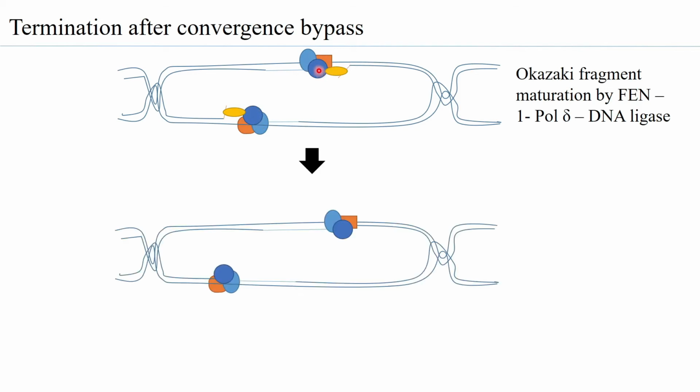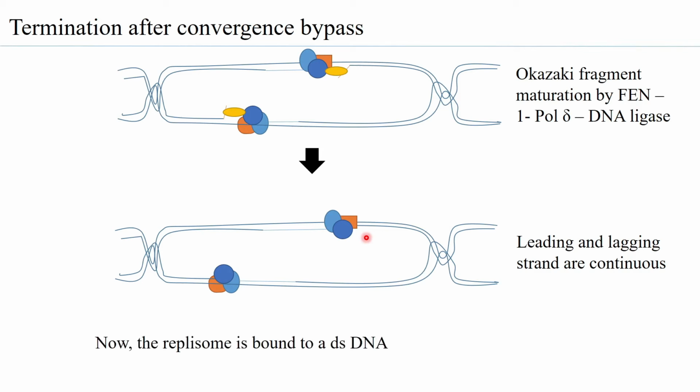The only thing that has to be done is sealing the gaps, and the gaps are sealed by the DNA ligase, which is also recruited by the CMG complex itself through RFC. Through PCNA, because PCNA is also bound to the CMG complex through RFC. Now, what is observed is that the leading and the lagging strands have become continuous due to the efforts of the replisome machinery.